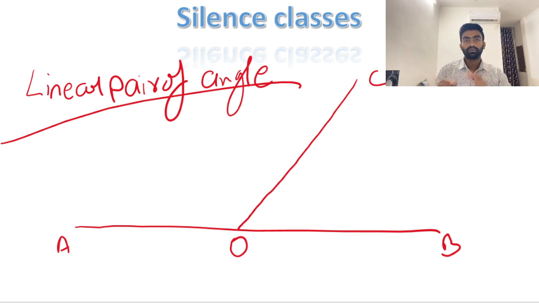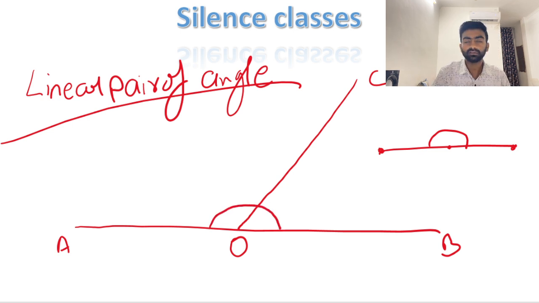If I take a straight line, it is of 180 degrees, you guys know. A straight line is of 180 degrees.